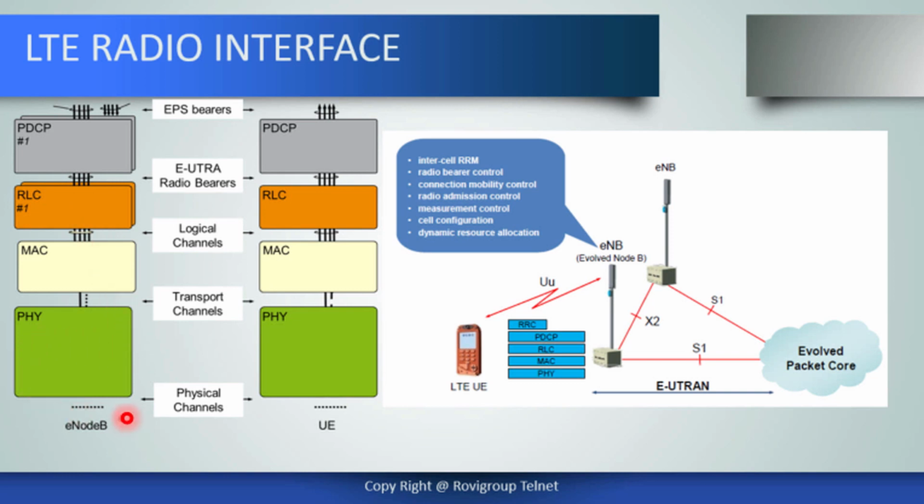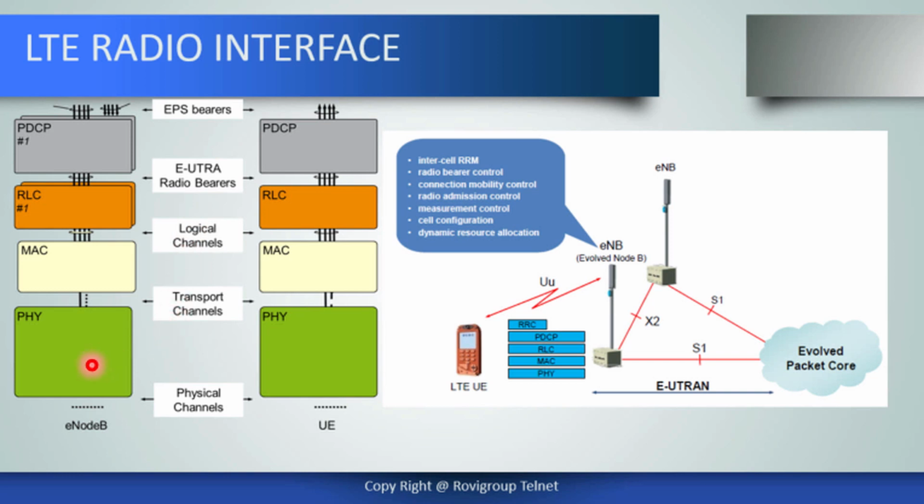At the physical layer we have the physical channels, between the MAC layer and the physical layer we have the transport channels, between the radio link control layer and the MAC layer we have the logical channels, and between the PDCP and radio link control layer we have the E-UTRAN radio bearers, and above PDCP we have the EPS bearer.